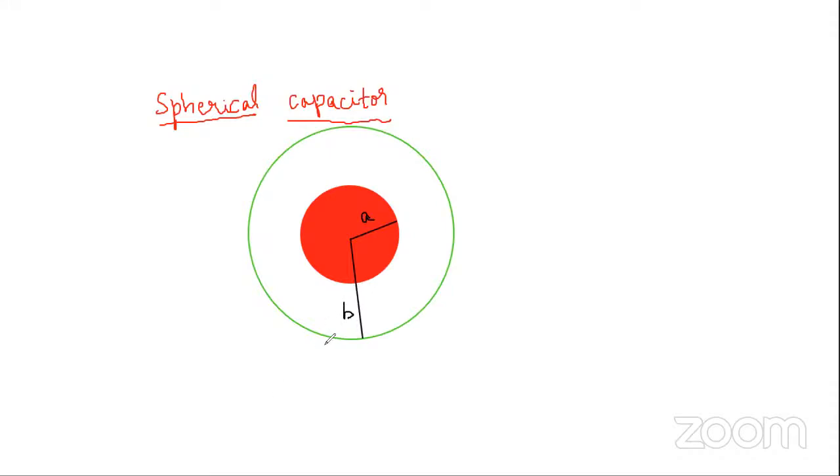You supply charges to this spherical capacitor. Now what is the equation for calculating the capacitance? That is given by C equal to 4 pi epsilon naught ab divided by b minus a.